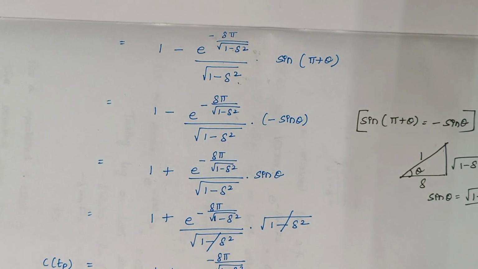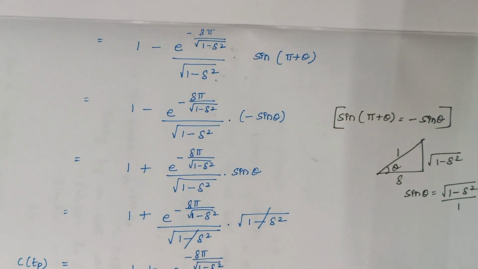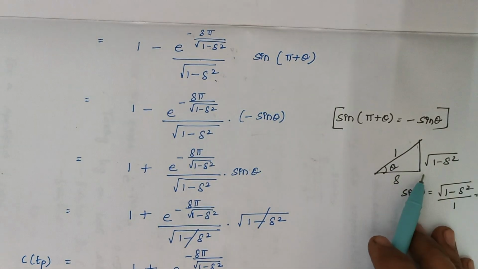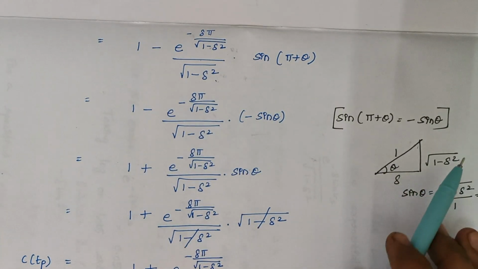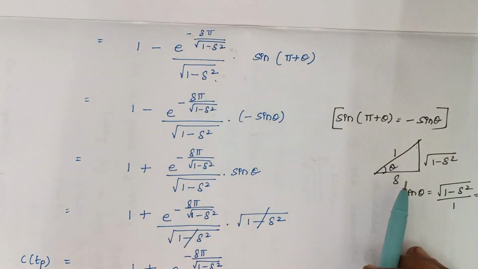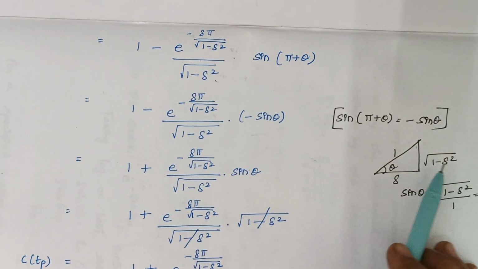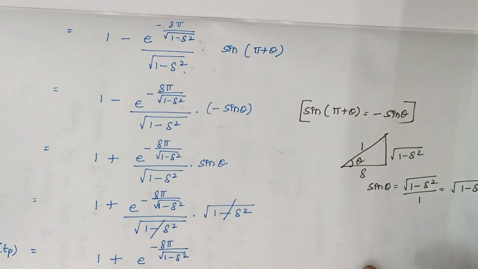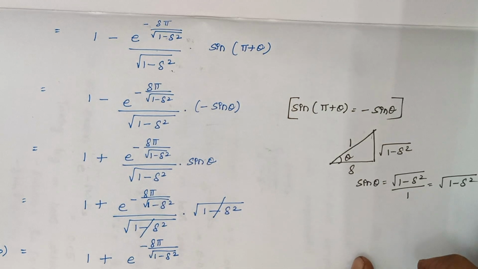In order to replace this sine theta, I am considering this triangle. From this triangle, sine theta is opposite side by hypotenuse. The opposite side is root of 1 minus zeta square and the hypotenuse is 1, so this finally becomes root of 1 minus zeta square.